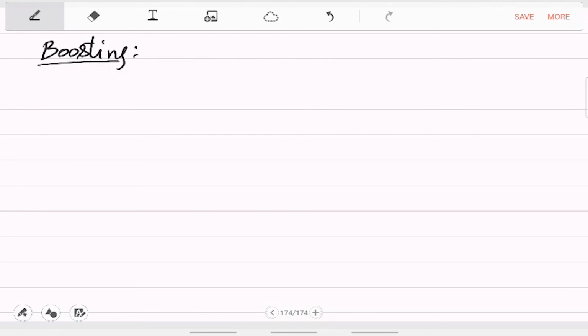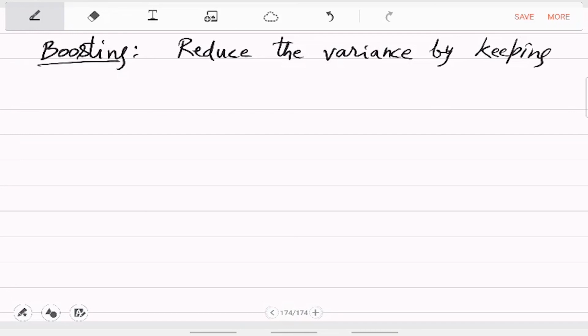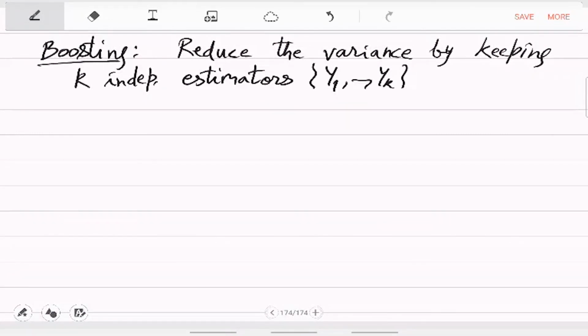So, again what you can do is reduce the variance by keeping k independent estimators y1 to yk. Instead of computing just a single y, you compute k independent ones, obviously by picking k independent hash functions, 4-wise independent hash functions, and output.